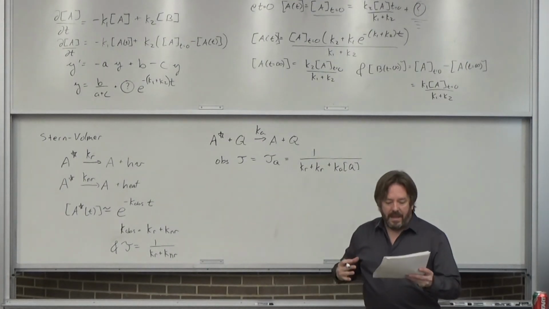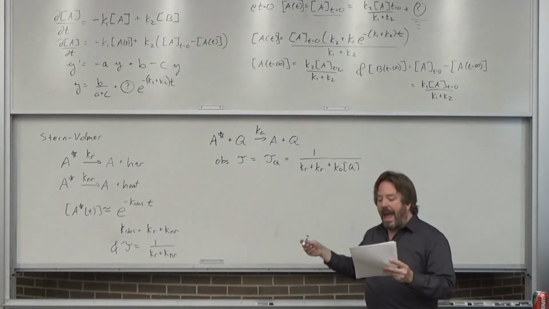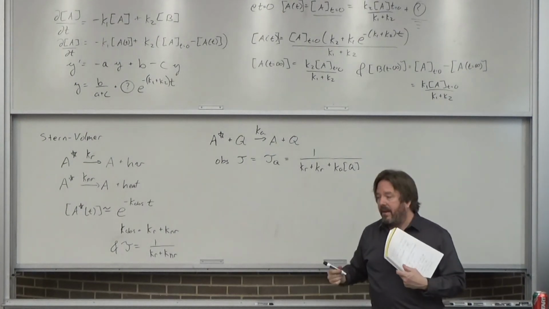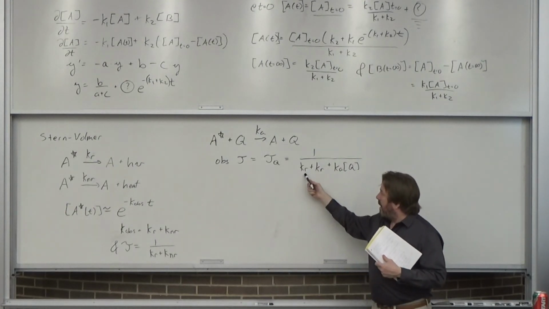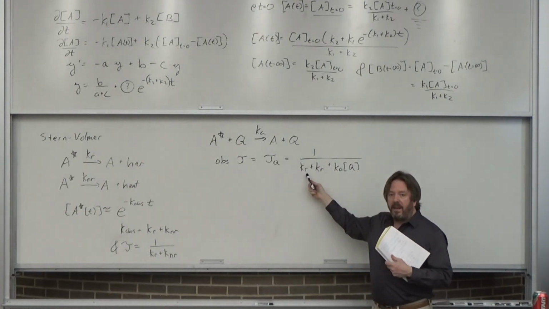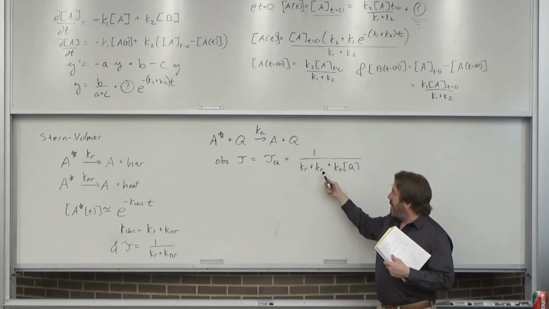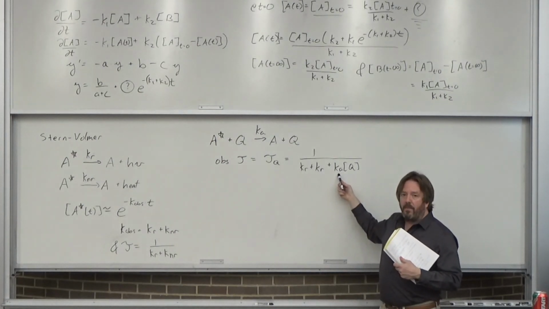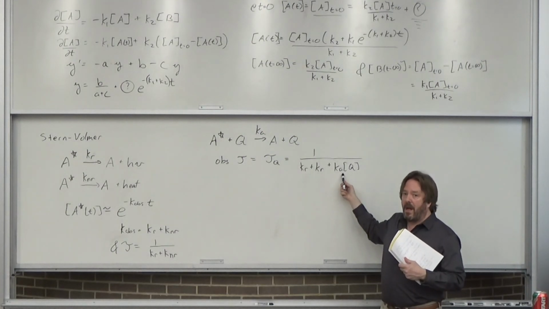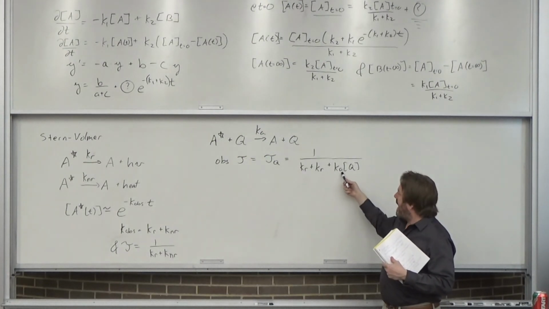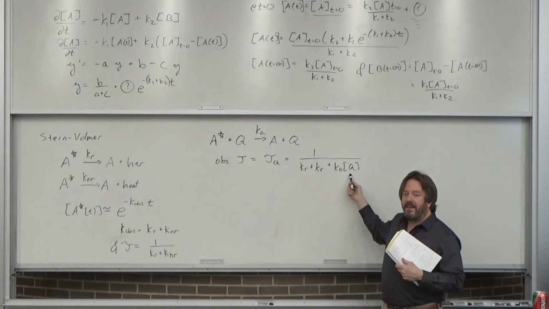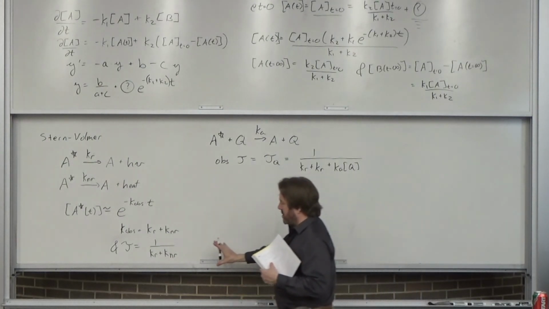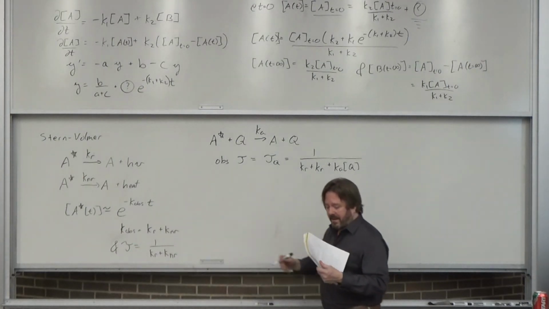I have simply added another channel for it to decay. So normally an excited chromophore radiatively emits, but it may just get hot, so that's why I added that. But now I'm adding another term because it can be quenched by our biological of interest. And Ka times the concentration of quencher makes sense because if the concentration of quencher is 0, then you go back to the original form, right? So that makes perfect sense.